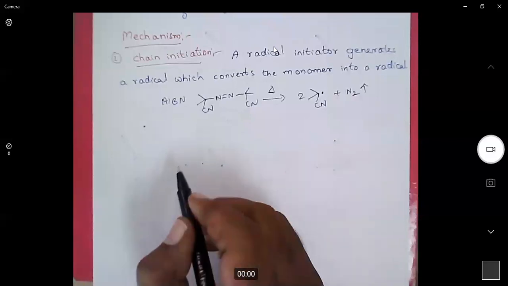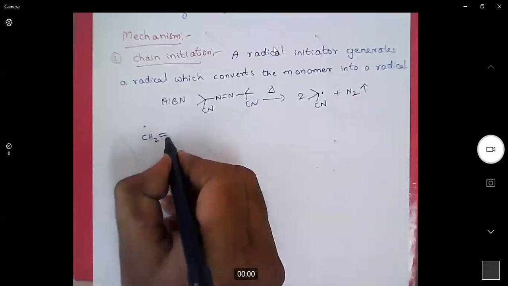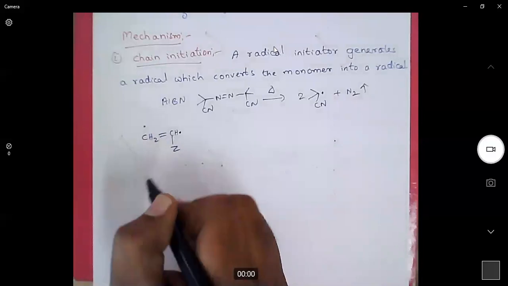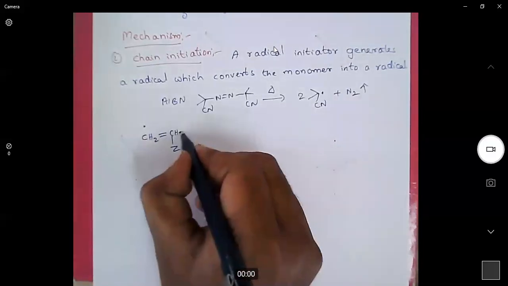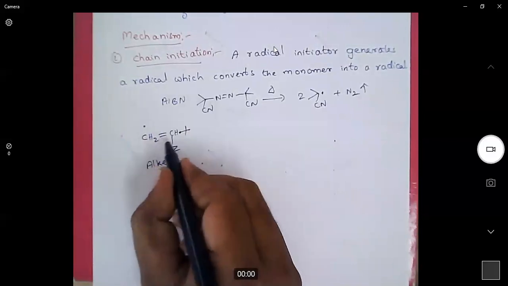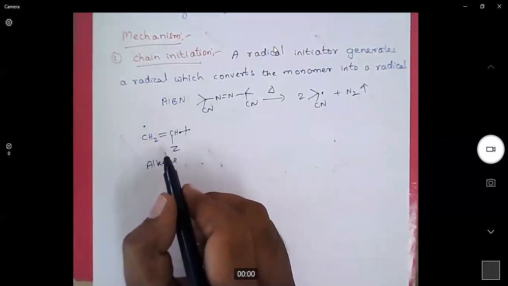For example, we will take an alkene as the monomer. So this is an alkene, carbon carbon double bond. It is having some substituent Z. So forget about the substituent.